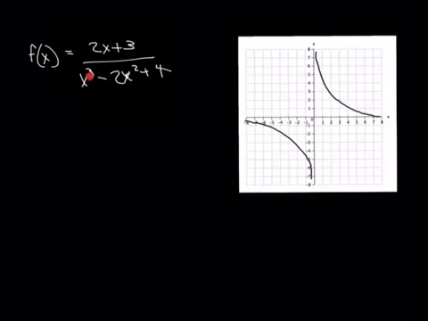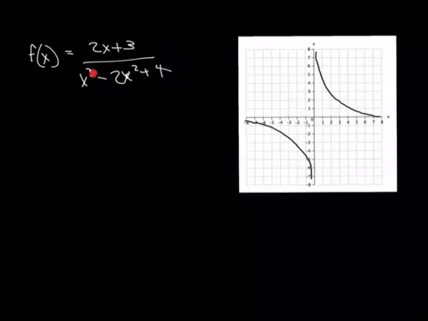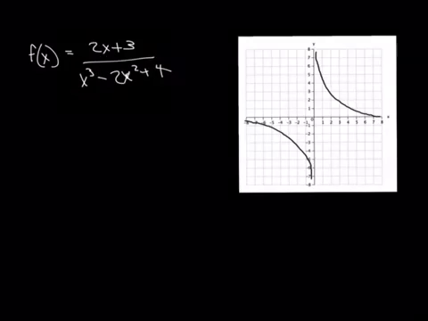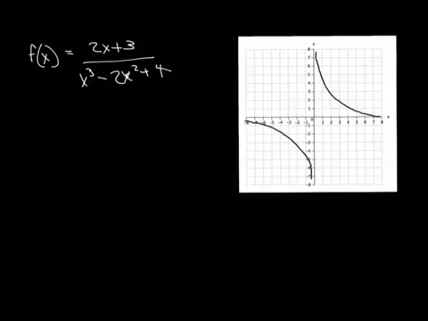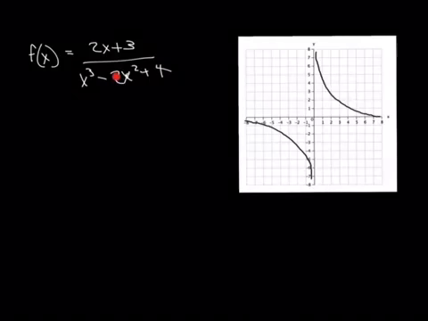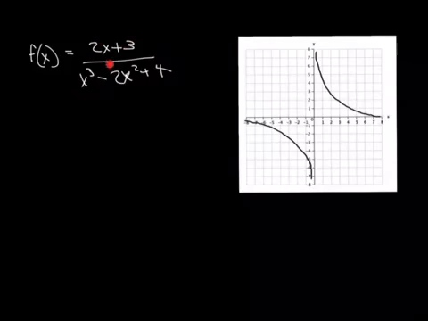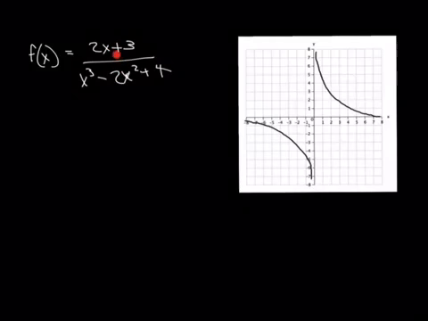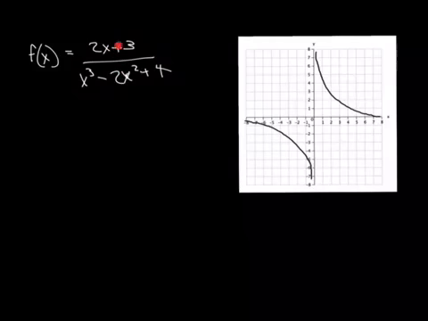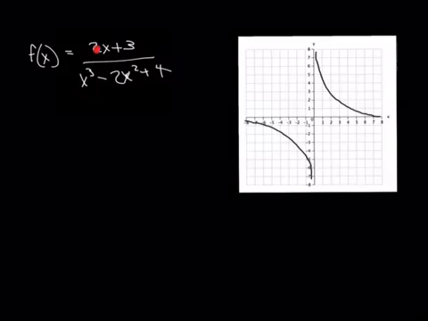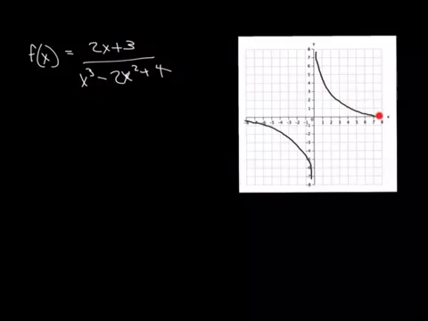As the numbers I plug in for x get bigger and bigger and bigger, the denominator will grow faster than the value up here. So because of this, as x gets bigger, this fraction will get smaller and smaller and smaller. So as x approaches infinity, my y approaches 0.